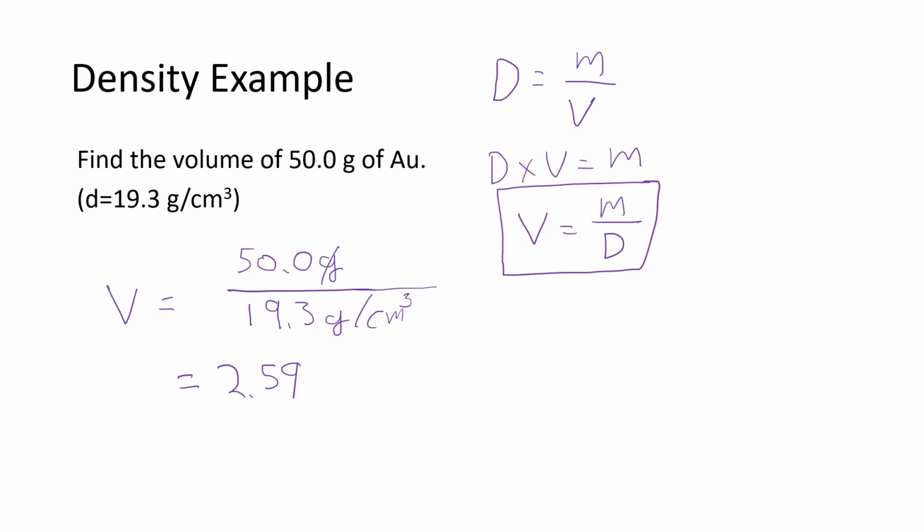The units of grams cancel out, and we have 1 over cubic centimeters in the denominator. So if we invert and multiply, that's just going to give us plain old cubic centimeters. 2.59 cubic centimeters for the volume of 50 grams of gold.